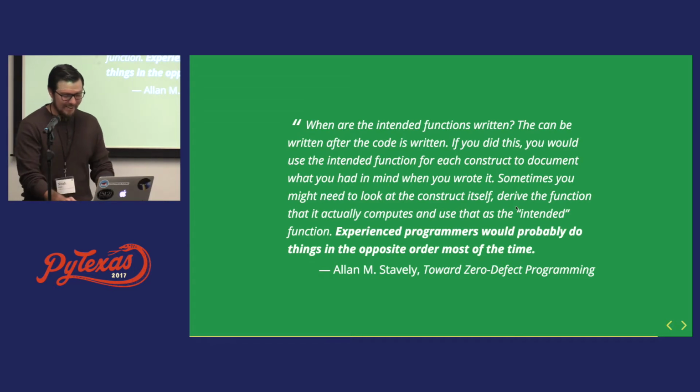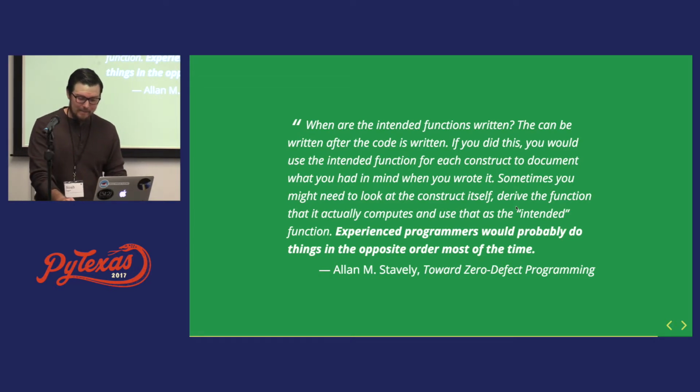Okay, so I want to leave you with this quote about designing properties as kind of the intended function of the code. This is a quote from a book called Toward Zero Defect Programming, and is highlighted by Michael Feathers in a talk he did late last year. So they're talking about this process of, before they started designing the code, writing out what they intended it to do.